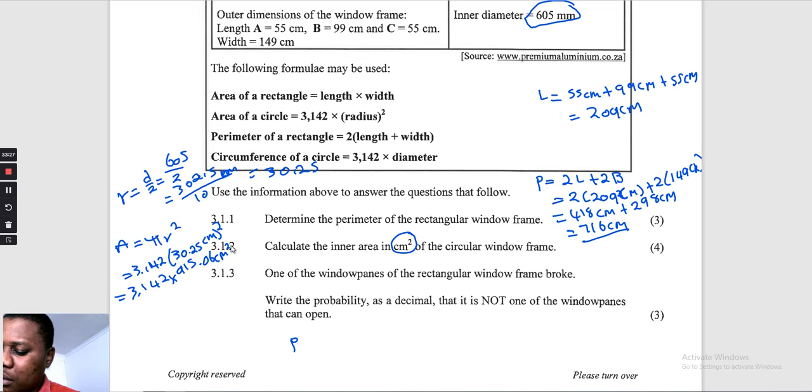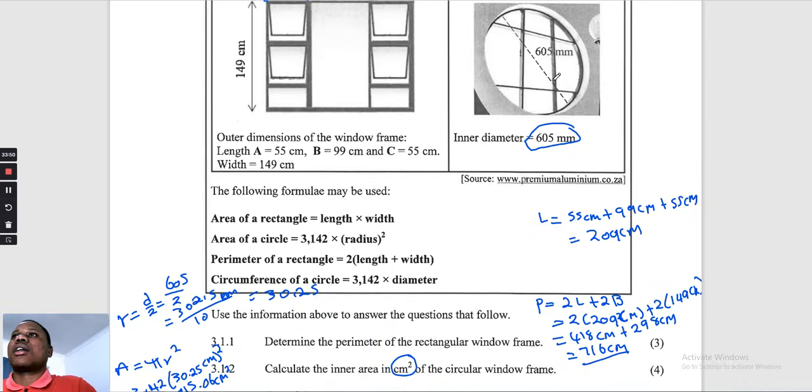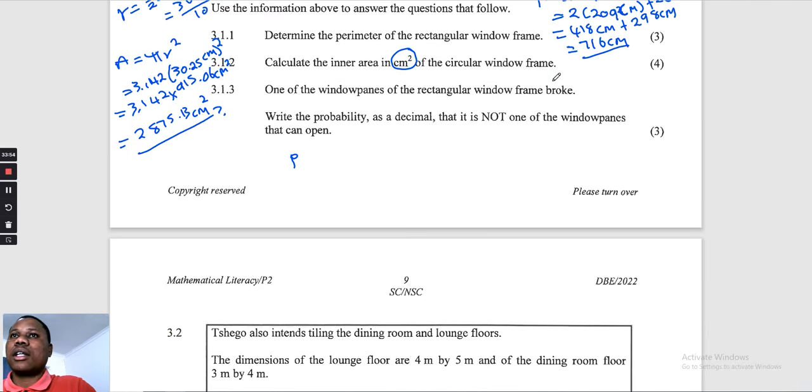That gives us 2875.13 centimeters squared, because we are looking for an area. That is how we calculate the area of the circular window frame. Then let's proceed to 3.1.3.